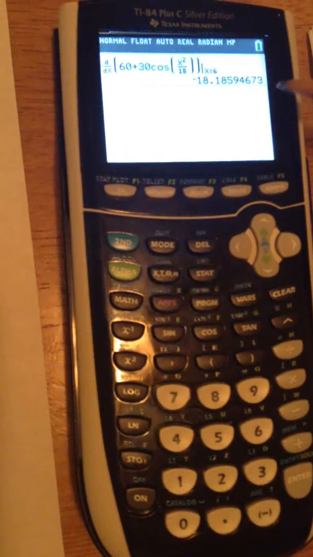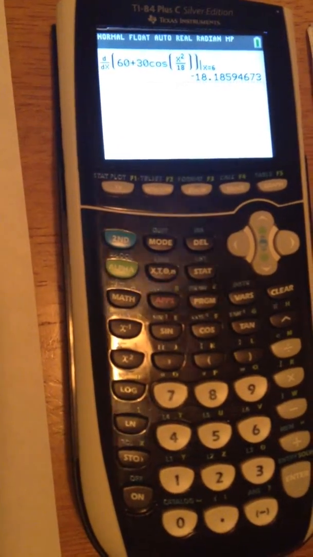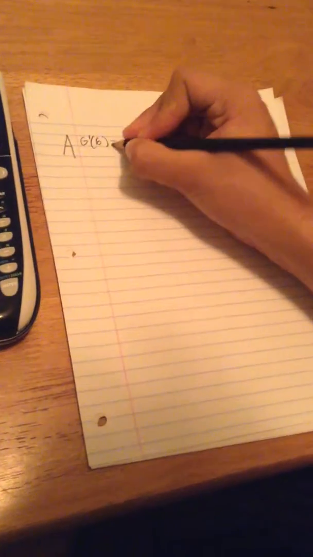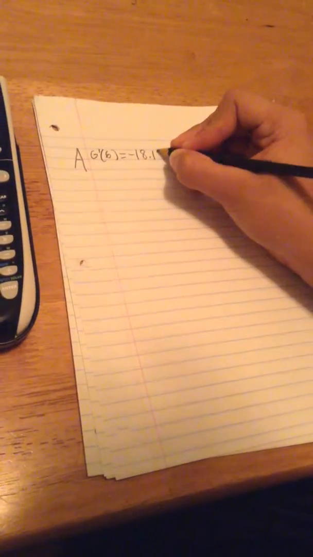And with that, we need to write our statement. So first, let's write it out. G prime of 6 equals negative 18.186.